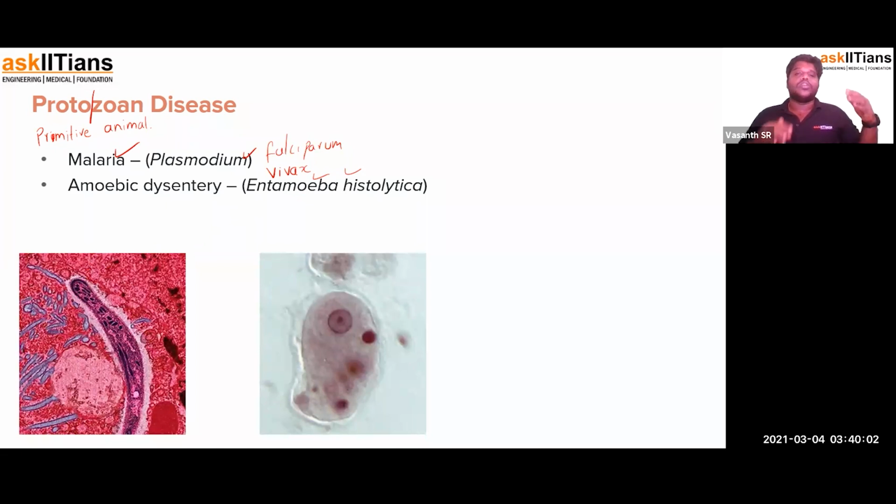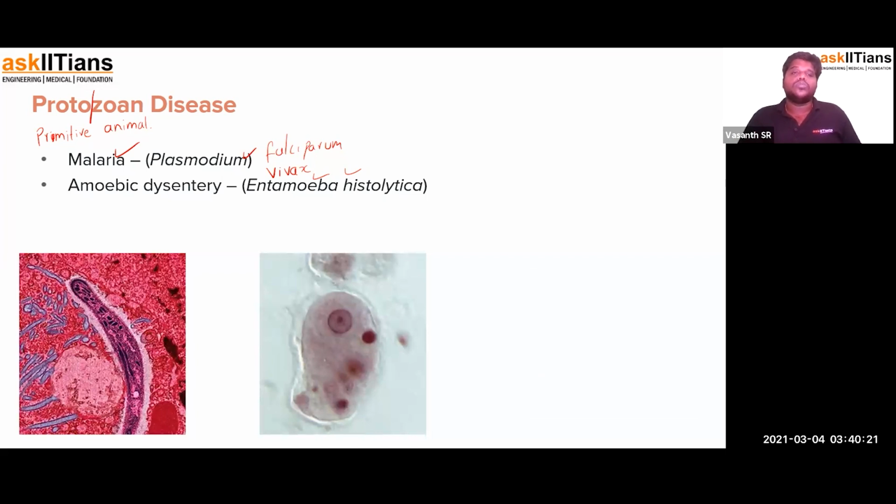Even after the government launches so many awareness programs, they are still doing it because of ignorance and not having proper responsibility towards society. So this is the protozoan disease you need to know about.